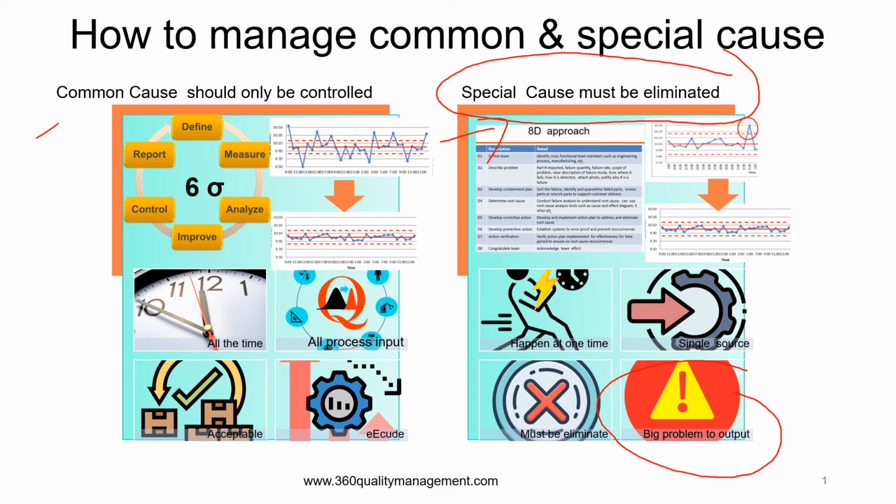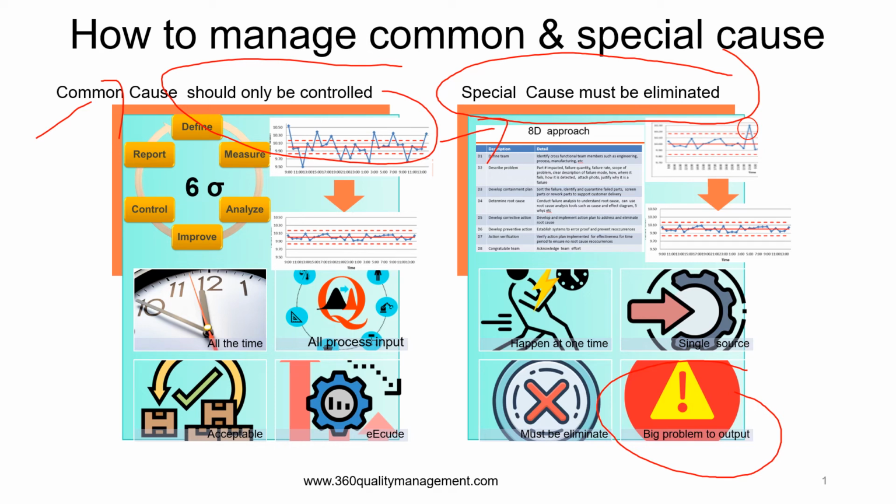A common cause problem cannot be eliminated under normal circumstances and should only be controlled, as it is part of nature. For example, air particles which cause rejects. It is impossible to have zero particles unless the part is produced under vacuum.